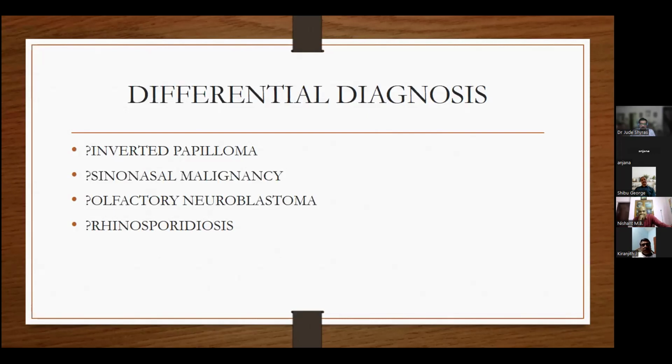It was a bleeding, friable, soft lesion, and inverted papilloma is usually more common on the lateral wall of the nose, but this tumor was found attached to the superior aspect. Site of origin is not typical. Okay, right. Number 1. Number 2.